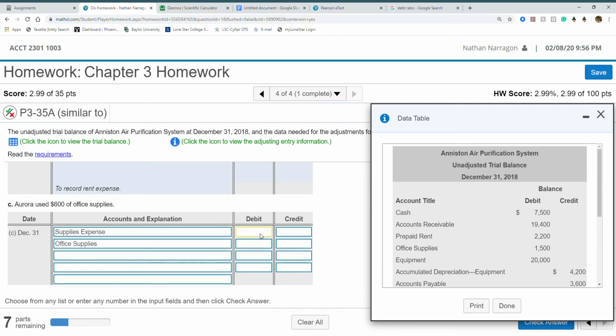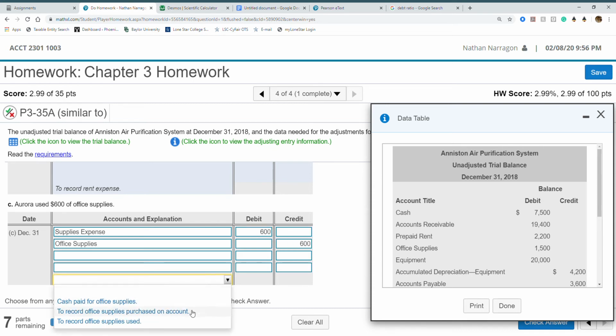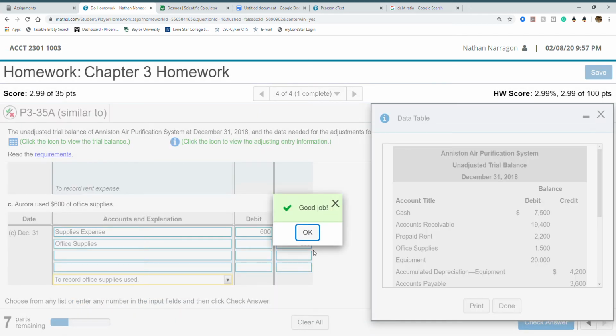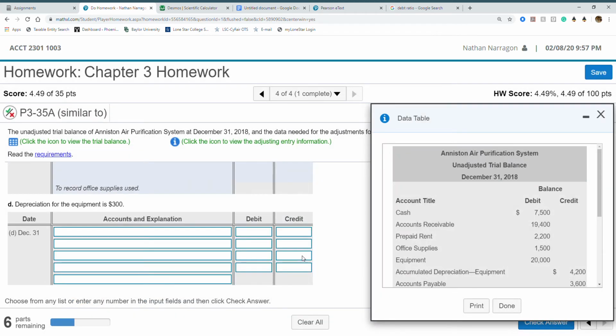Remember, it's an asset and thus decreases by a credit. Since it already gave us the used, we are okay. Now, if it said on hand, or our physical count was done on hand, we would have to take this amount and then subtract it by their amount and so forth. So not too bad.